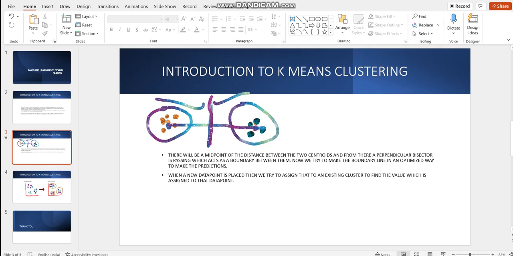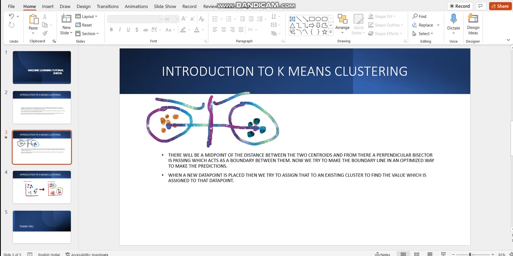And when a new data point is placed, we try to assign it to an existing cluster to find the value which is assigned to that data point. So whenever we get a new data point, we try to place it in an existing cluster to find the appropriate value of that cluster.